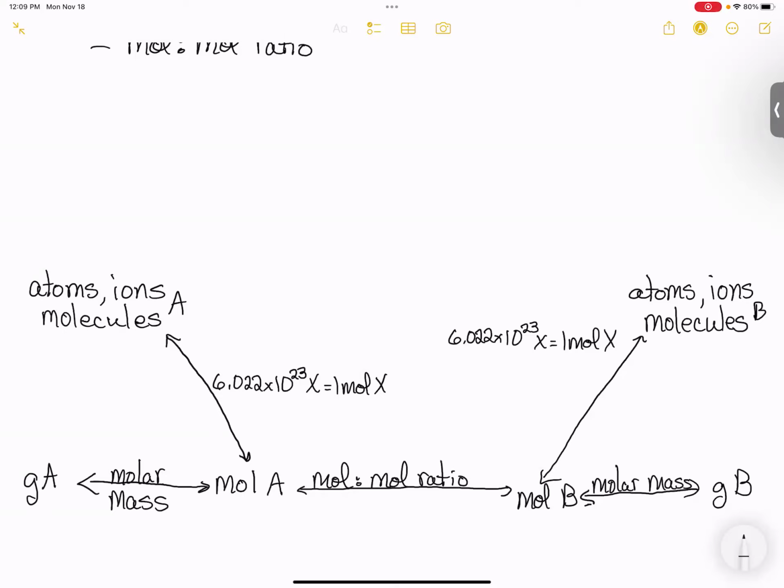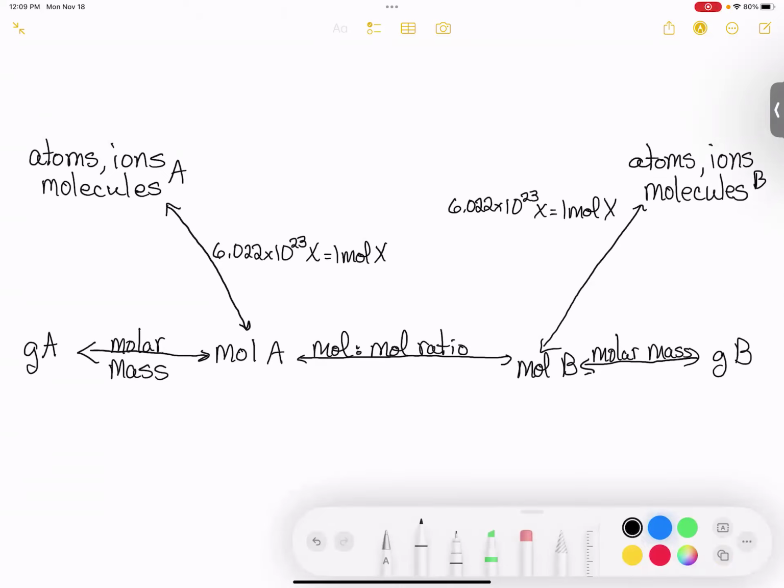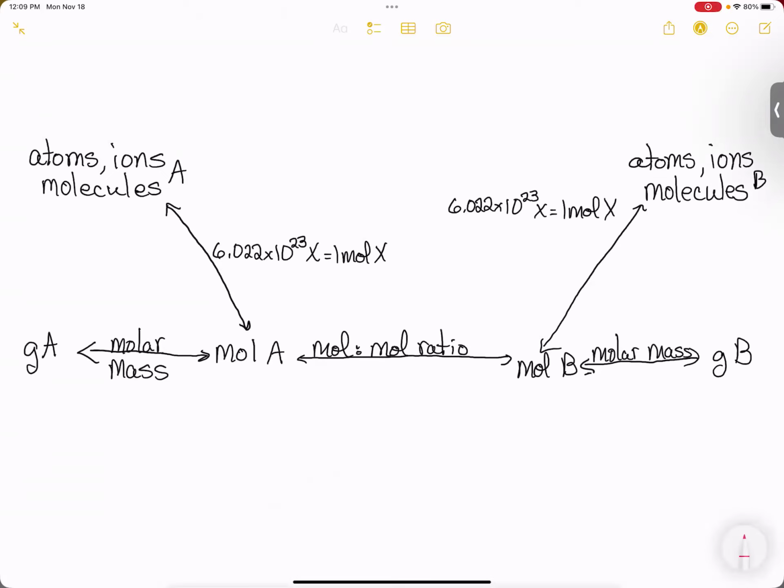Where if I had atoms, ions, or molecules, I automatically knew I was going to use Avogadro's number as a conversion factor. If I had grams, I automatically knew I was going to use the molar mass as my conversion factor. Now, we have 2 locations to get this mole to mole ratio.